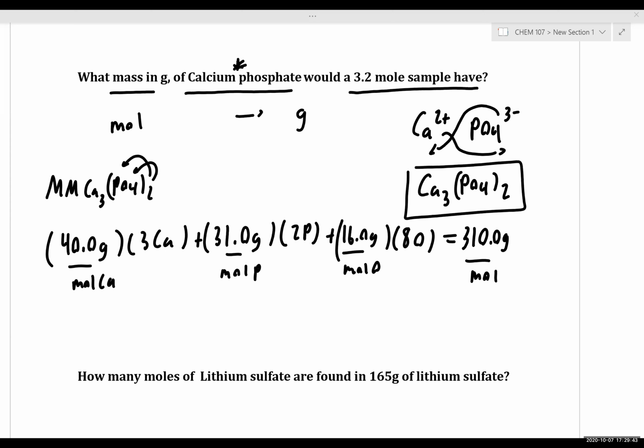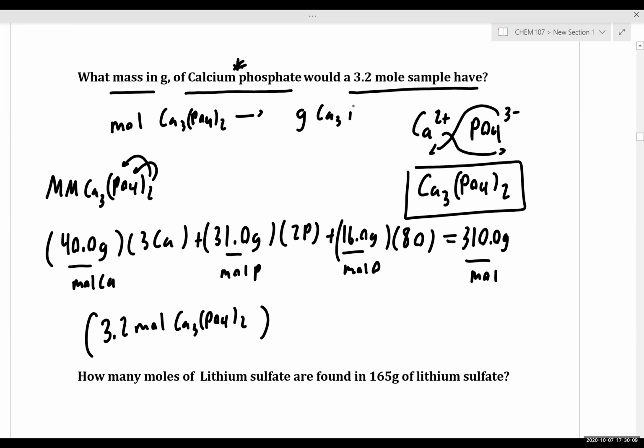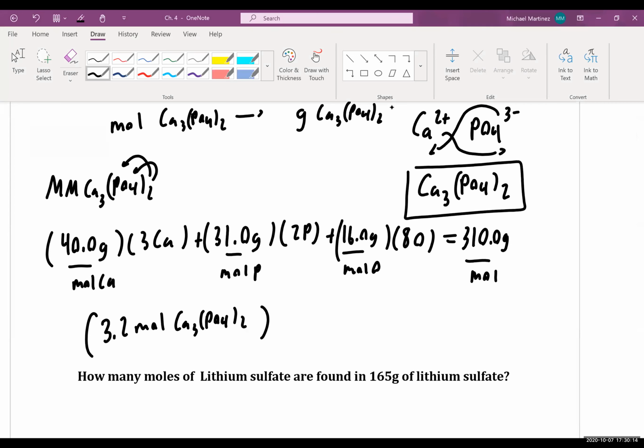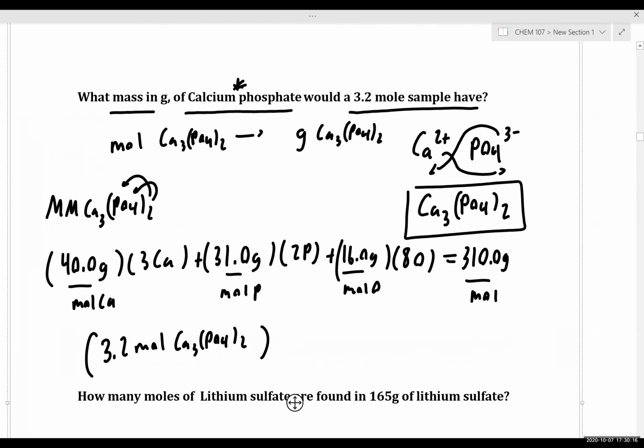So now that we have our molar mass, to go from moles to grams. So if we have 3.2 moles of calcium phosphate, to go from moles of calcium phosphate to grams of calcium phosphate, we're going to use our molar mass. To go from moles to grams, we're going to want grams on top.